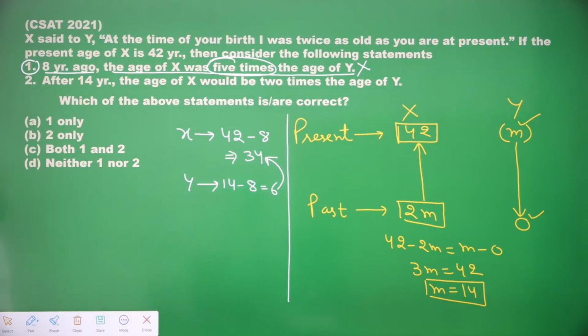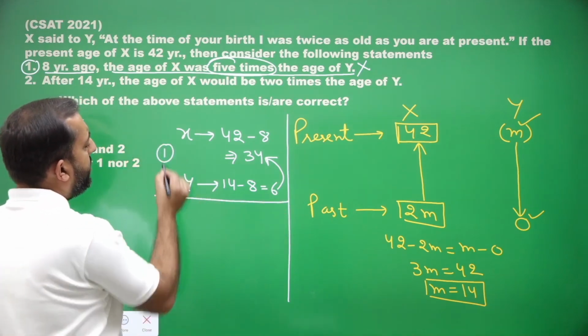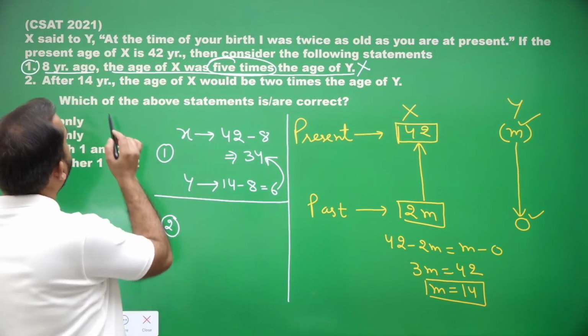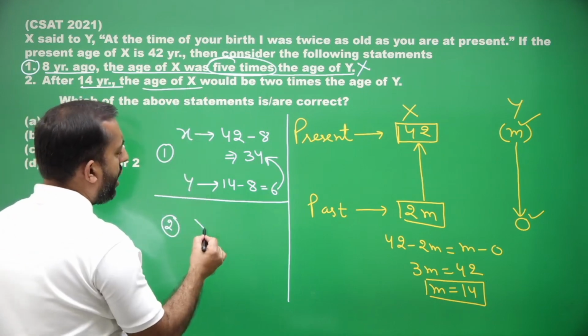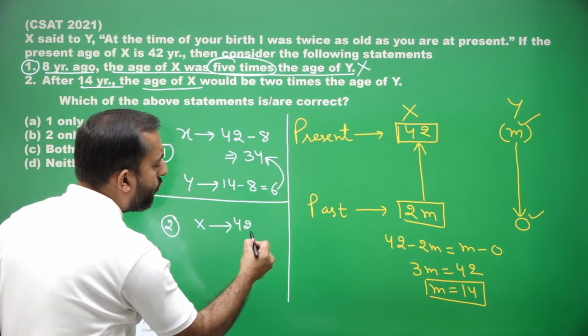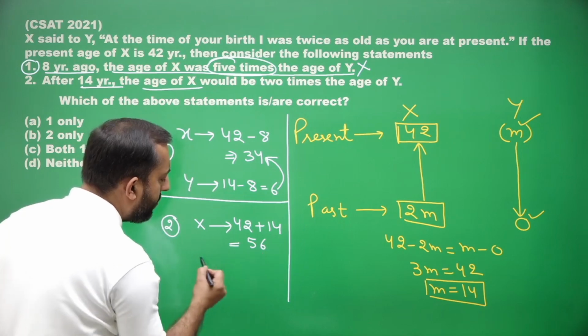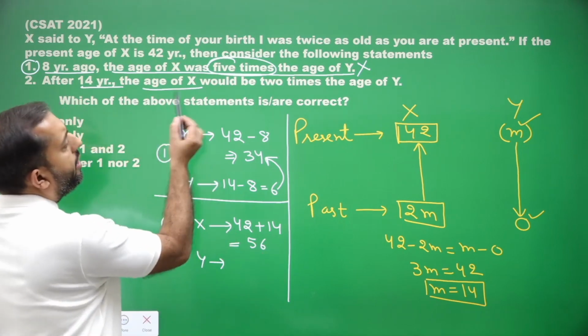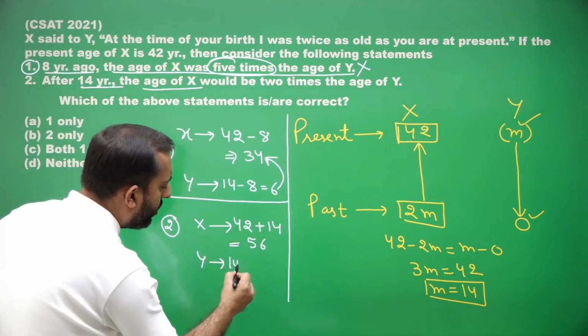Okay. Now statement 1 is not correct. Now let's talk about statement 2. This is all about statement 1. Let's talk about statement 2. Statement 2 says, after 14 years, the age of X. So after 14 years, at present age of X is 42. So after 14 years, age of X will be 42 plus 14, which is 56. After 14 years, age of Y, at present Y is 14 years old.